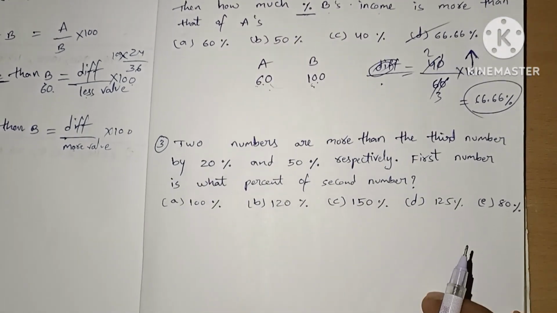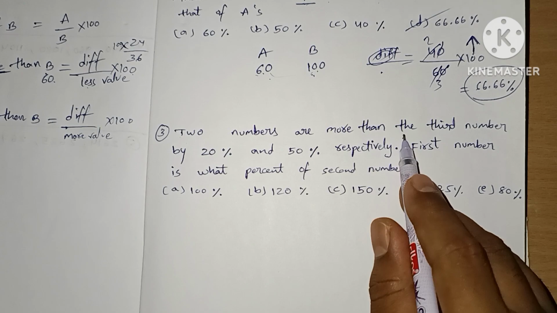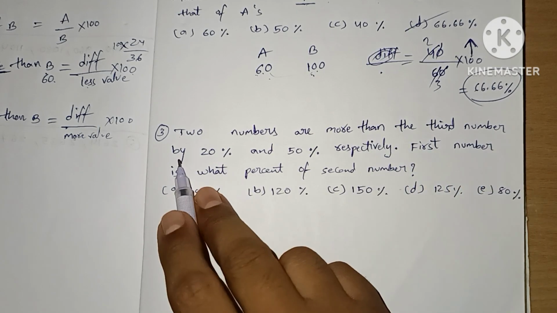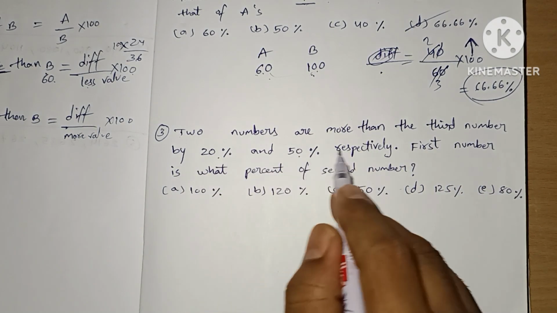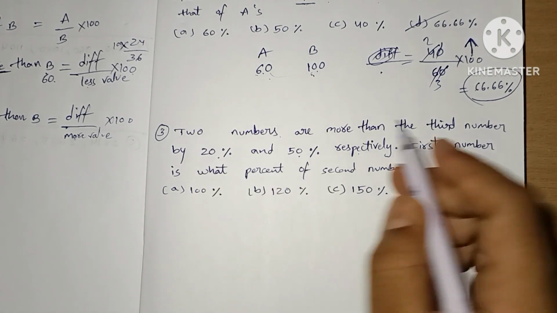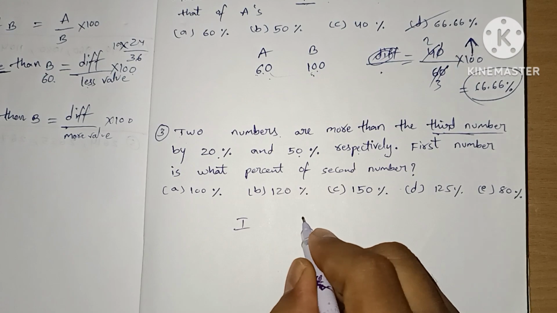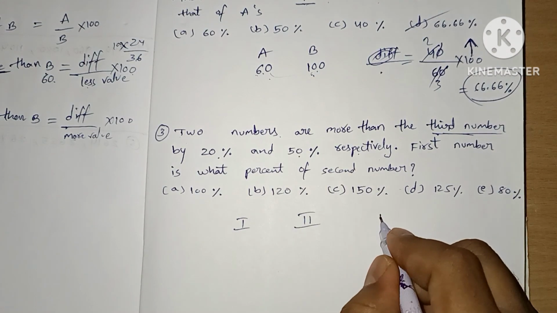Now we are going to see question number 3. Two numbers are more than the third number by 20% and 50% respectively. So two numbers are comparing with the third number. Let's take 1, 2 and 3.